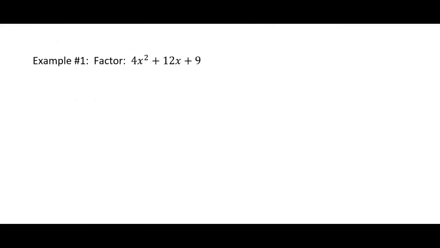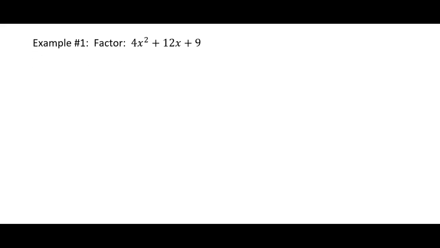So here's an example, and I'm going to write that form up. You're looking for a squared plus 2ab plus b squared. You're looking for a polynomial or a trinomial in that form. So look at this first term here. See how it's a 4x squared? Well, 4 is a perfect square, so I could write that as 2x squared, because you'd square the 2, that'd be 4, and you'd square the x, that'd be x squared.